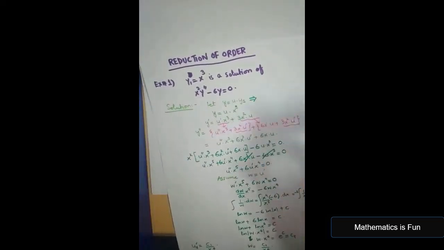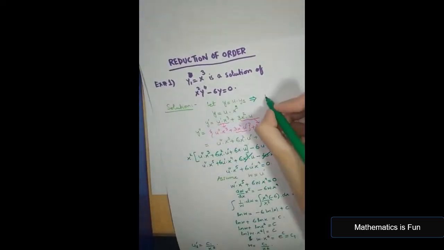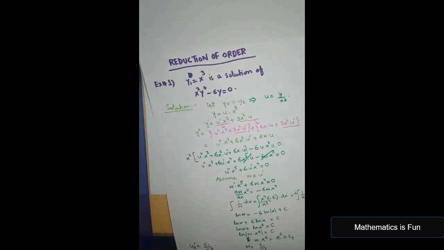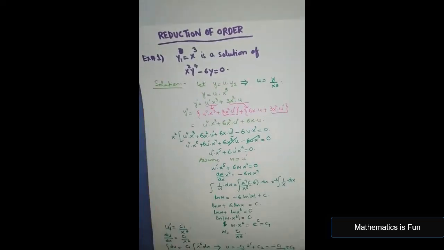And one more assumption replacement is that u is basically y by x cubed, right? So we convert it again.